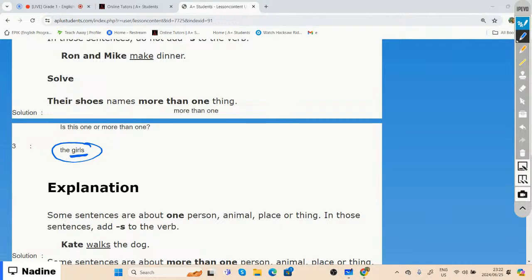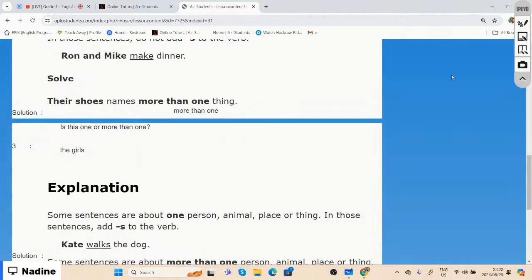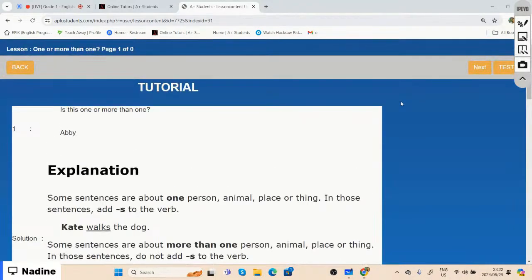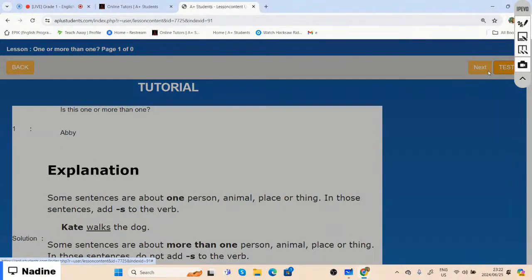All right, so the girls, we can say it is more than one, because we're not just talking about one girl, we're talking about more than one girl. So well done. All right, so now let's go to our test where we are going to say if it is one person, thing, animal, or place, or if it's more than one.